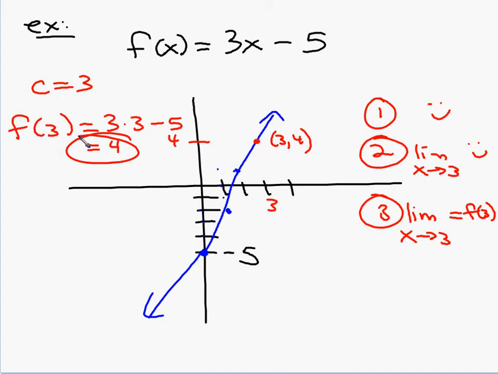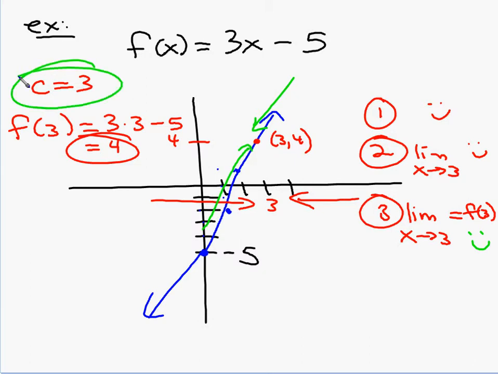As we approach 3 from the left, the function is approaching 4. As I approach 3 from the right, the function is approaching 4, right? The left and right-hand limits are both the same. They're both 4. So we have met this condition as well. So this function is continuous at, what did we say? 3.